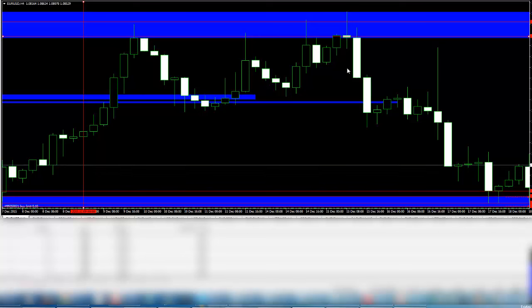What makes these zones powerful is that price is going into them, rejecting back, and closing outside of the zone. That's important. That's why you want to take a trade based on the close of the 4-hour bar.